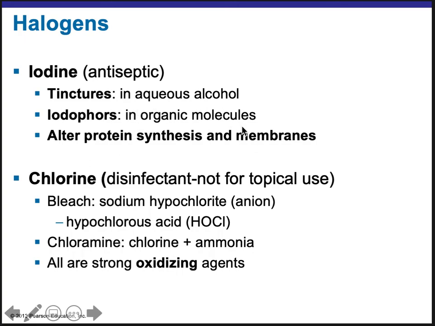There's a really great chart in your book. If you're using the current edition that I'm using, the 13th edition, then you can look at page 199, and it has a nice summary of the different chemical agents and their mechanism of action.